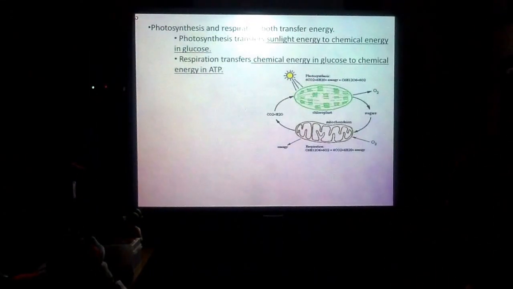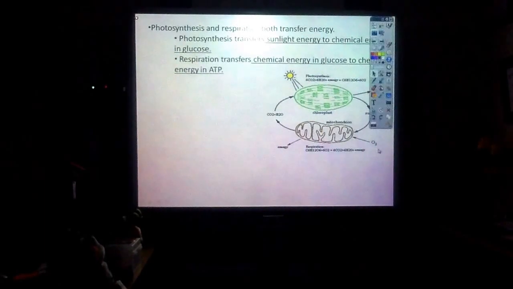What's important to know is that they both are transferring some type of energy. Photosynthesis transfers sunlight to chemical energy in glucose. And respiration transfers the chemical energy in glucose to the chemical energy in ATP.